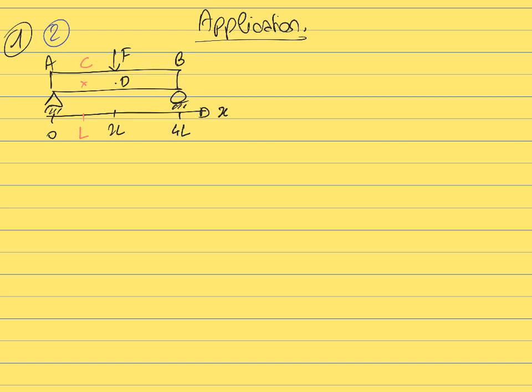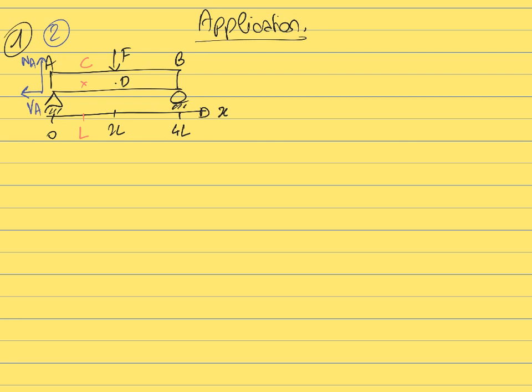So for the pin on the left, the pin is going to create two unknown forces that prevent the member from going up or down, and also prevent the member from going left to right, but it doesn't prevent the rotation of the member. So there are two unknown forces, one normal force NA that prevents the member from going up or down, and also a horizontal force VA.